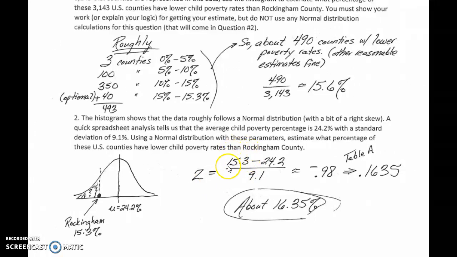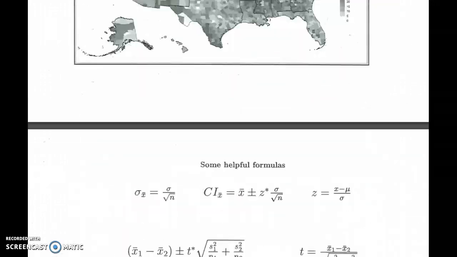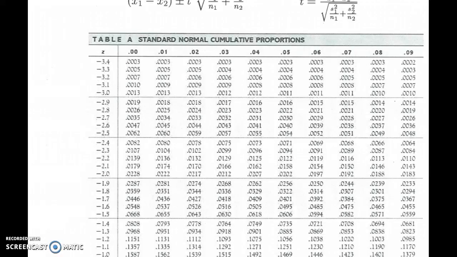So we take Rockingham County's score minus the population mean, the overall child poverty rate for US counties, and divide by the standard deviation. Tells us that we're sitting at about 1 standard deviation below the mean, just under 1 standard deviation below. That negative 0.98, we then zip down right here.